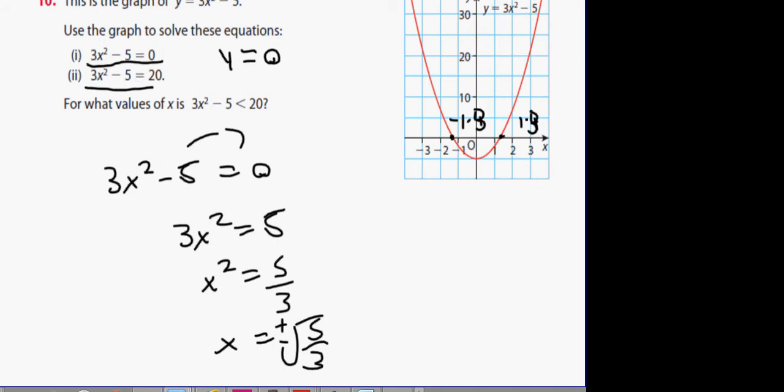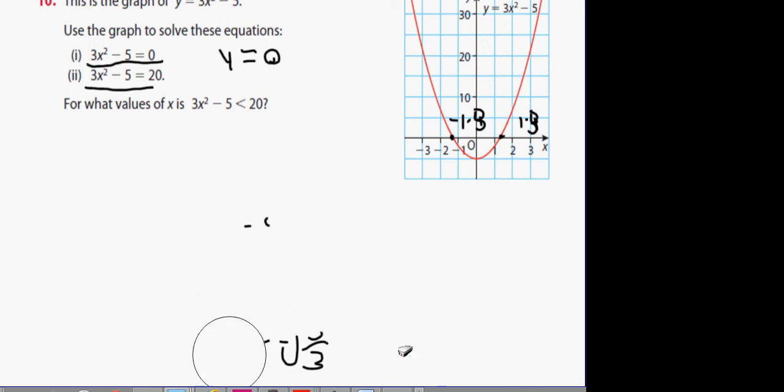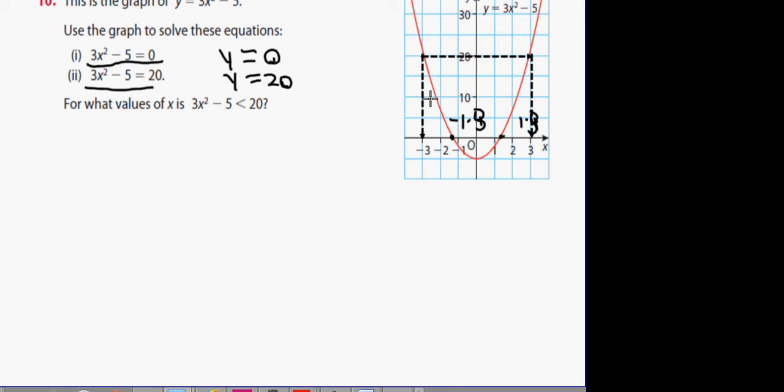What about this one here, guys? What's this question? Y equals 20. How do I do y equals 20? What's my two answers? Minus 3 and 3. So what we get there is x equals minus 3, x equals 3. Now, what does this mean?